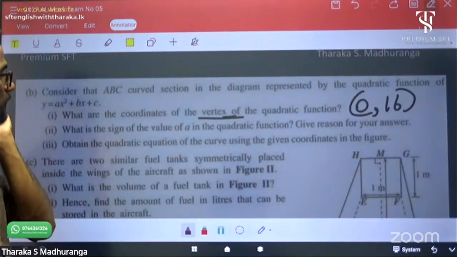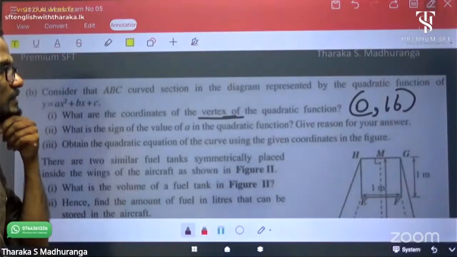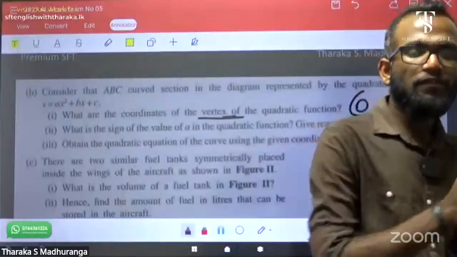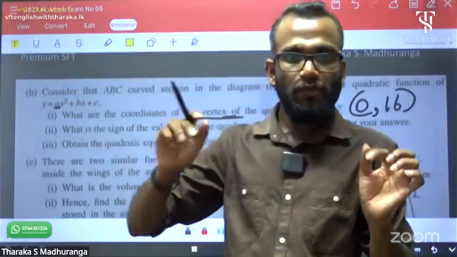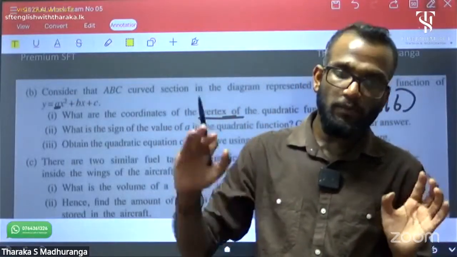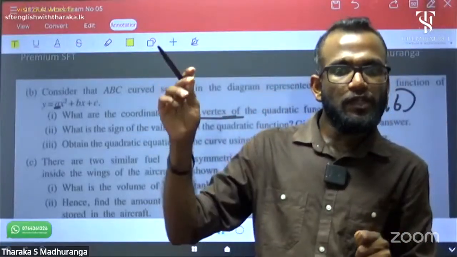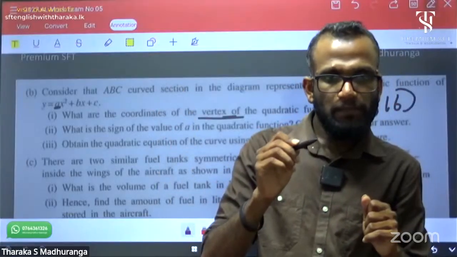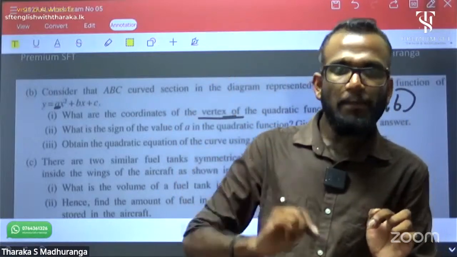What is the sign of the value of a in the quadratic function, and give the reason for your answer? In the lesson I already explained, if the a value is positive, the quadratic function always takes a minimum shape. If it is a negative value, it always takes a maximum shape. Now ABC has a maximum value.